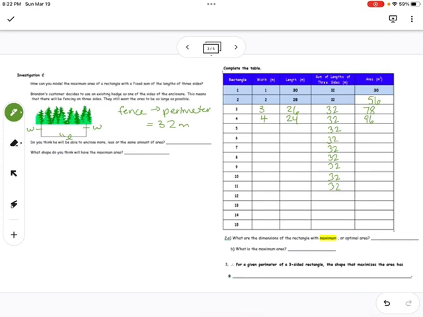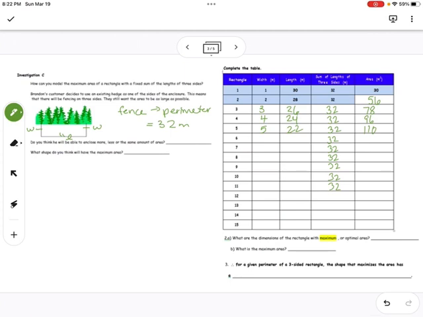Next one, a width of 5, so 5 plus 5 is 10. 32 minus 10 gives us 22. And 5 times 22 is 110. So we notice our areas are still going up here.